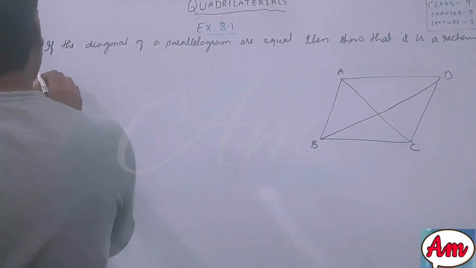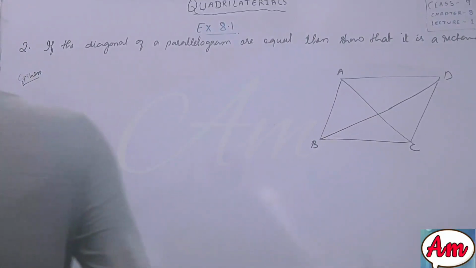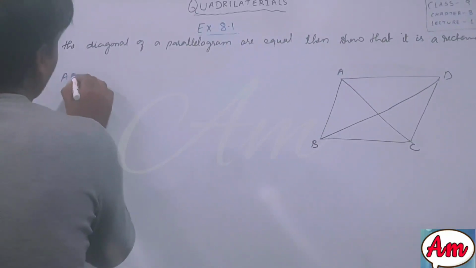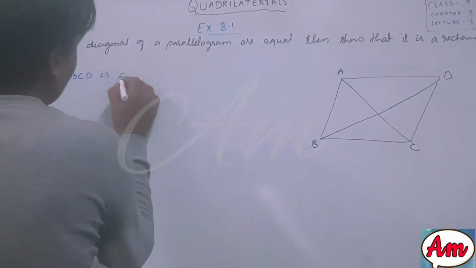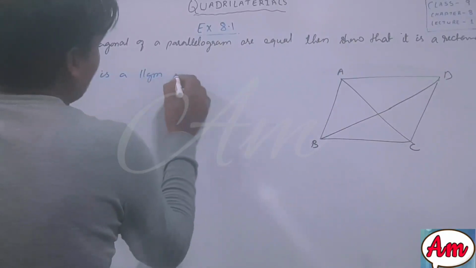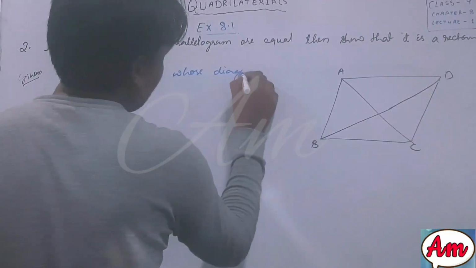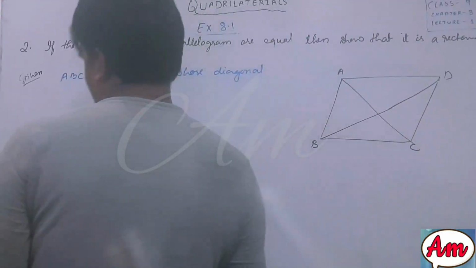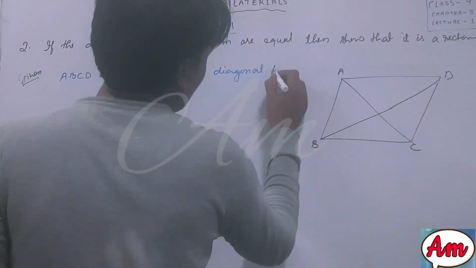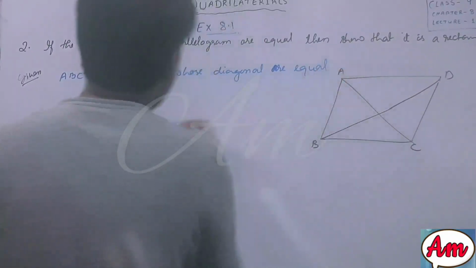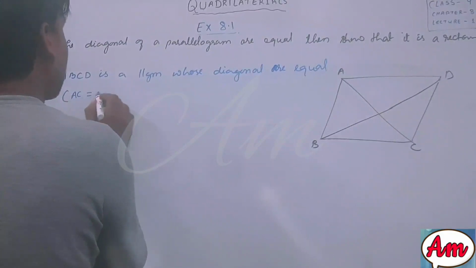So first of all, we have to write given. So what things are given? We will be writing ABCD is a parallelogram whose diagonals are equal, and in the bracket you write AC is equals to BD.